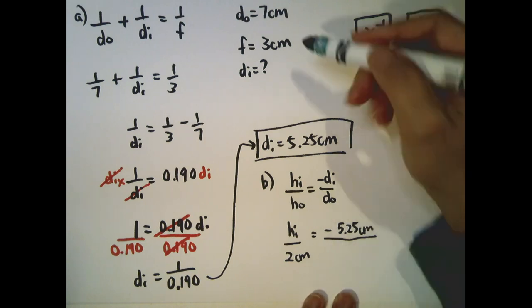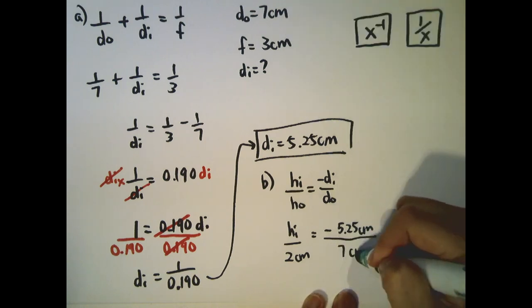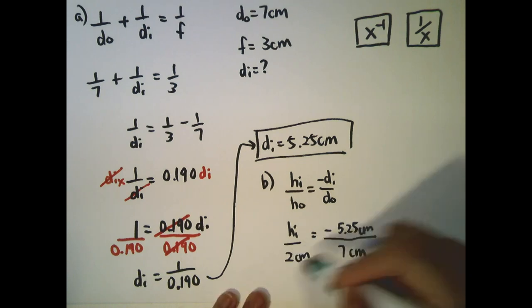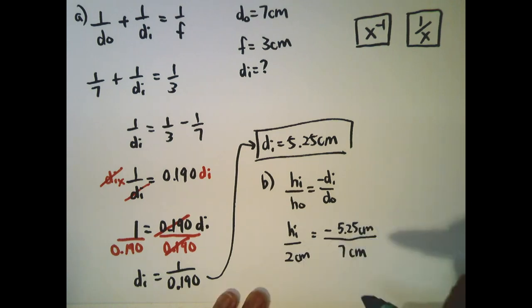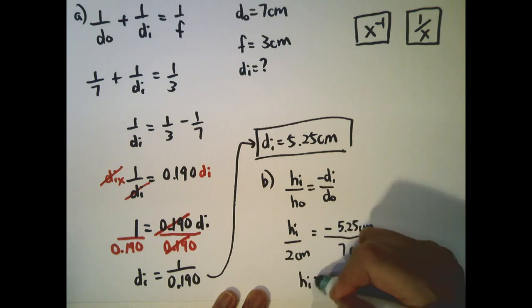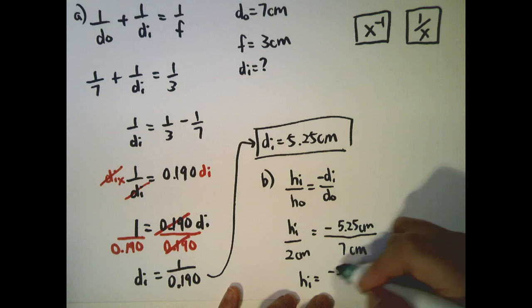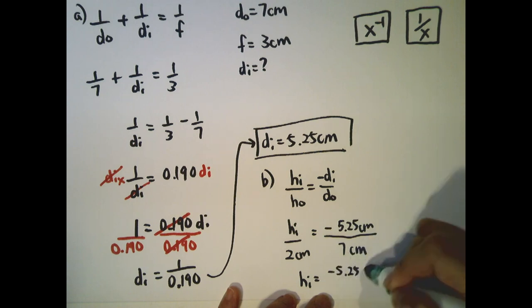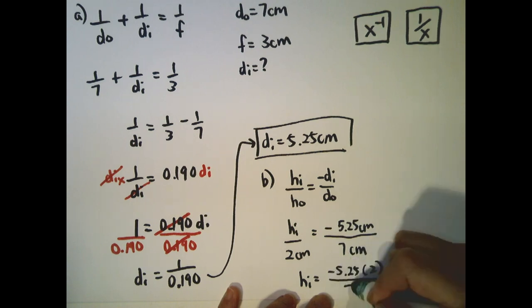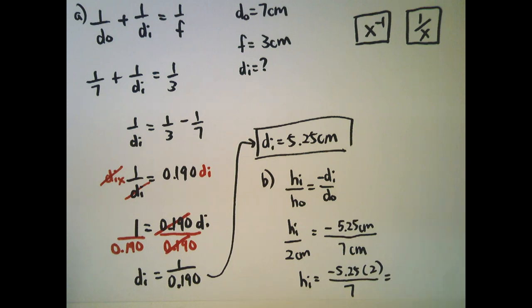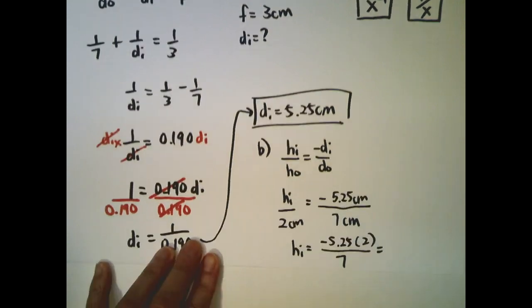DO is 7 centimeters, so we should write that down. Perfect. To solve this, we're going to crisscross, cross multiply, so this is going to be negative 5.25 times 2 centimeters divided by 7.